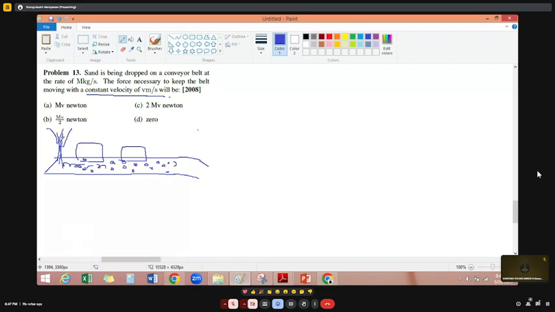So as the sand is falling onto the conveyor belt, is mass constant or changing? Anybody? Changing. When the mass is changing, are we allowed to use F is equal to ma or not?